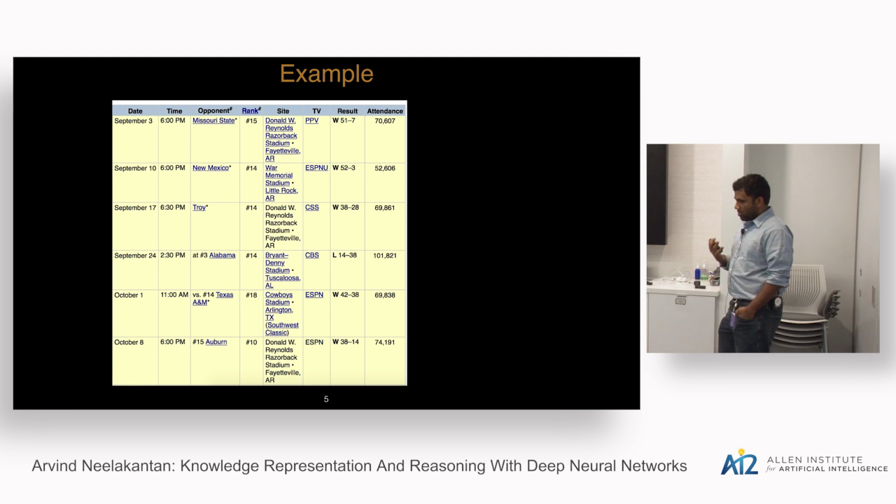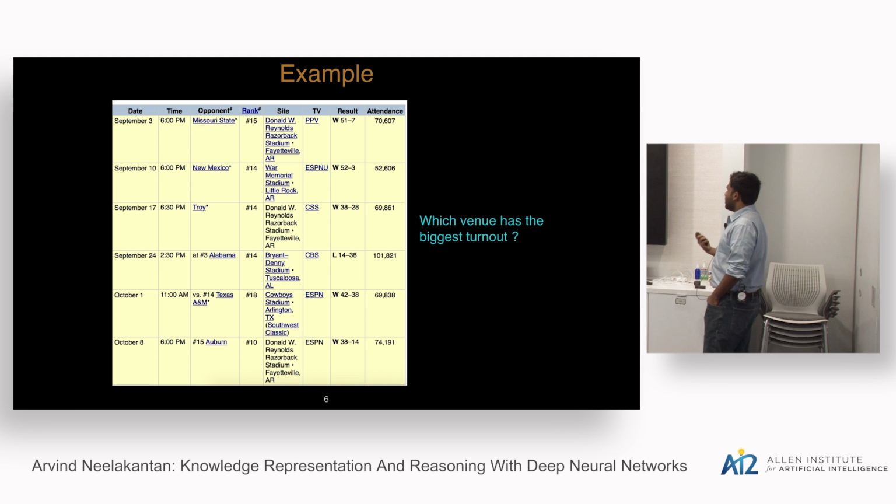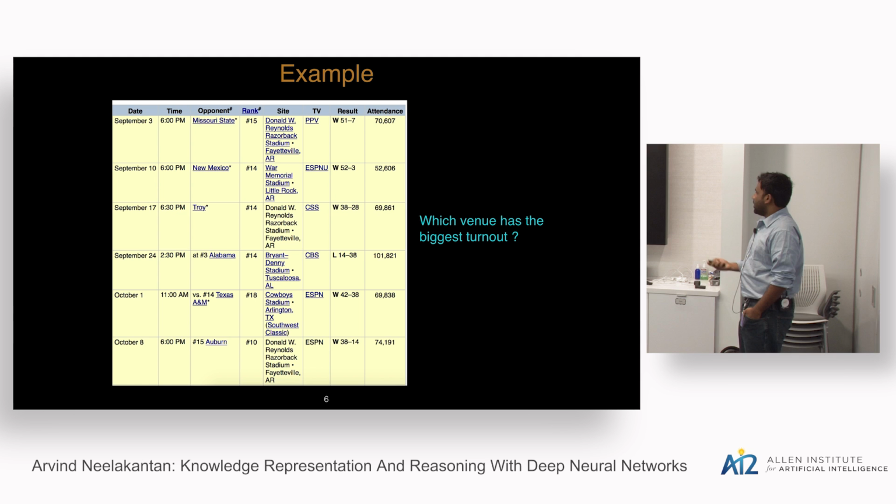like trying to reason on tables. For example, this is a table from a random Wikipedia page, and you get an input natural language question, and you want a system that can perform reasoning on this given table to answer the question.